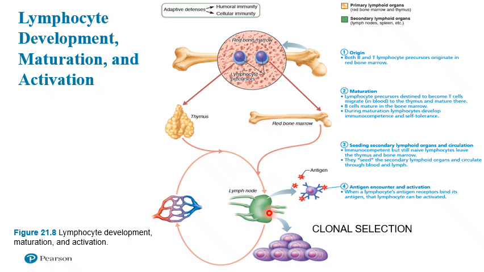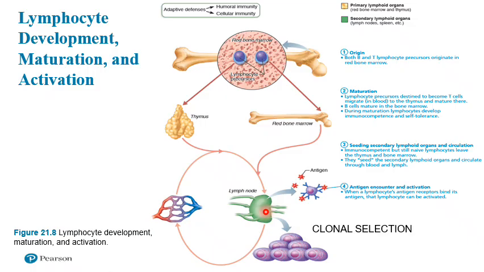Once they are in the lymph, this is actually the most likely place, the place of the greatest chance that they are going to be encountering an antigen: your lymph node.